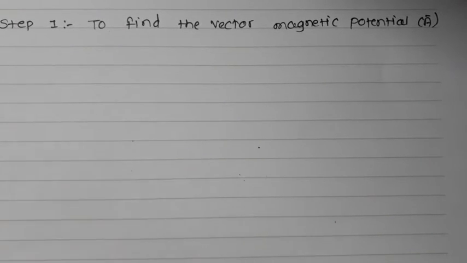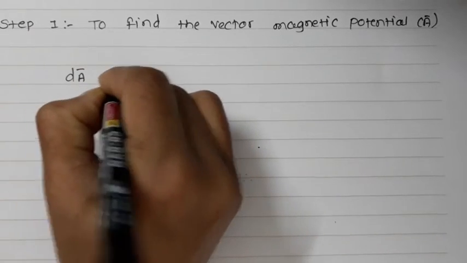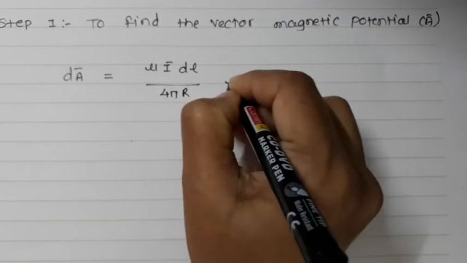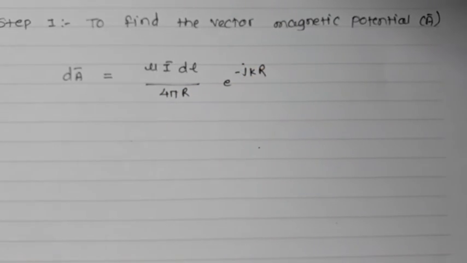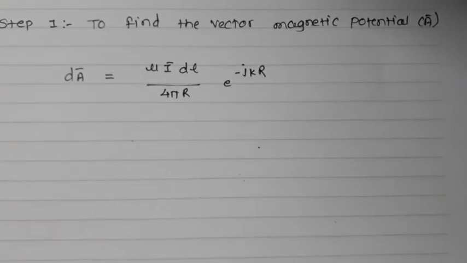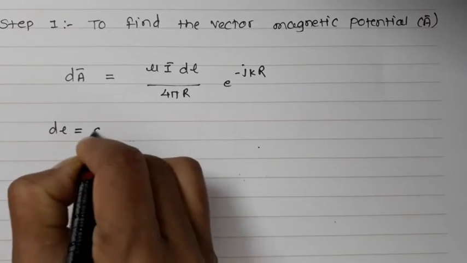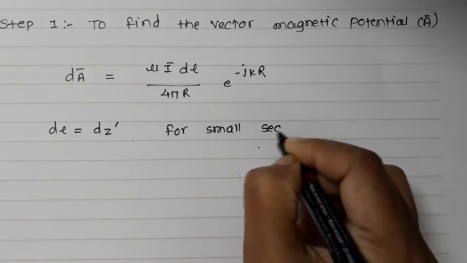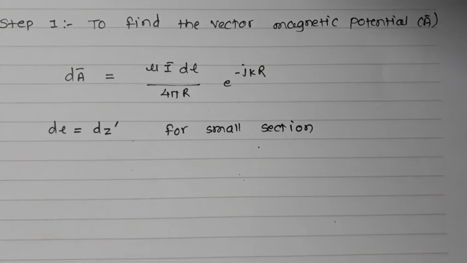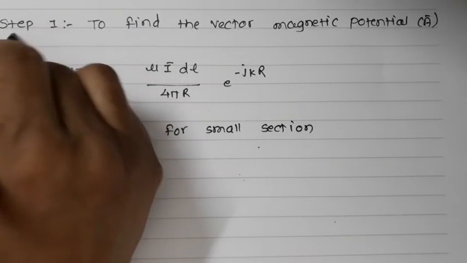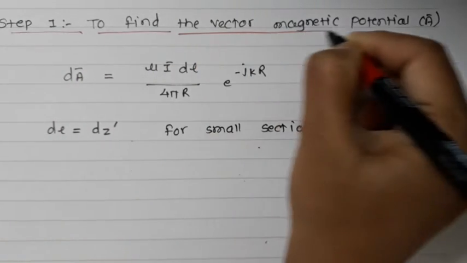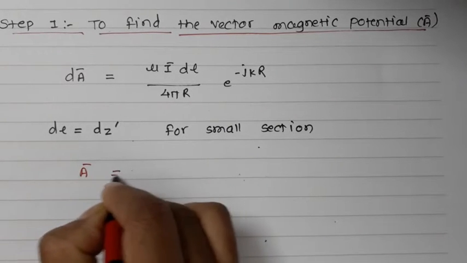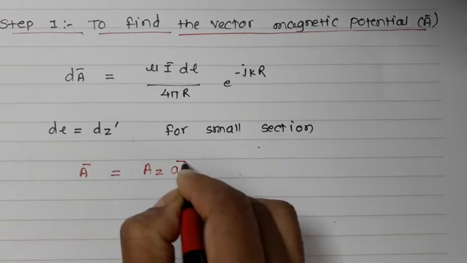While calculating A bar, we have an expression for the vector magnetic potential due to a small current element dl. So dA bar is equal to mu I bar dl over 4 pi r, e raised to minus j k r. Now for a small section along the z axis, dl is equal to dz, so for a small section I can write that dl is equal to dz a_z bar. So here our A bar is equal to A_z a_z bar.